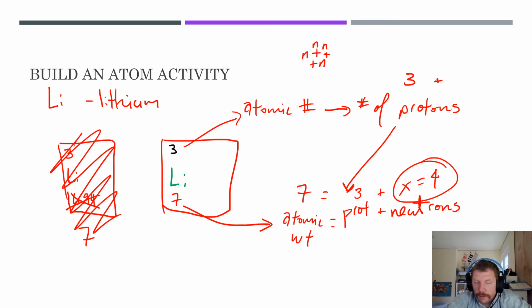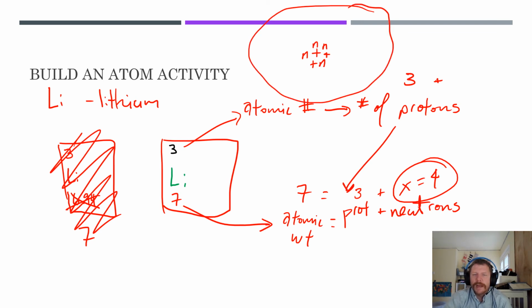Now, lithium, as it turns out, is an element that has no charge whatsoever in its elemental state. So if I have drawn 3 positives, and I'm going to give myself a range, have I drawn any negative charges?